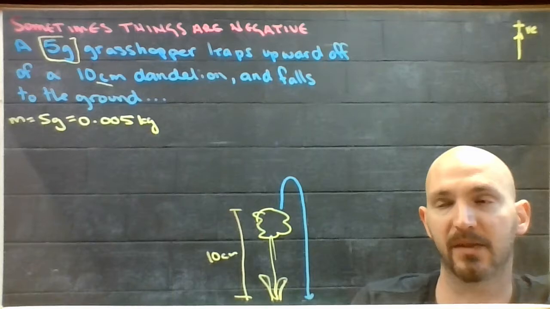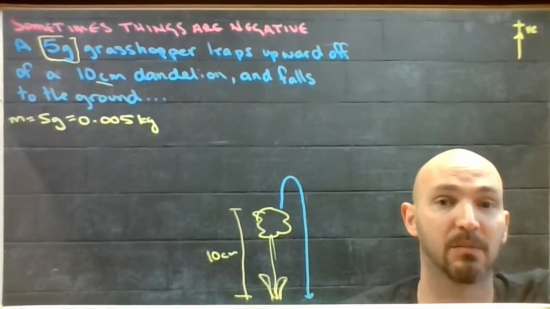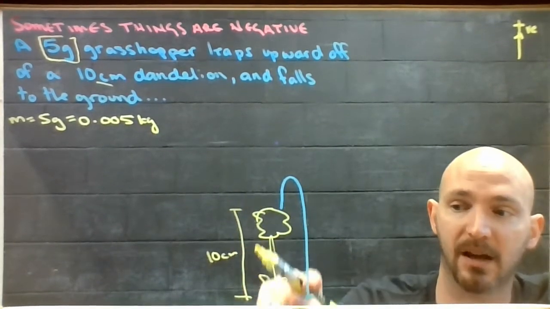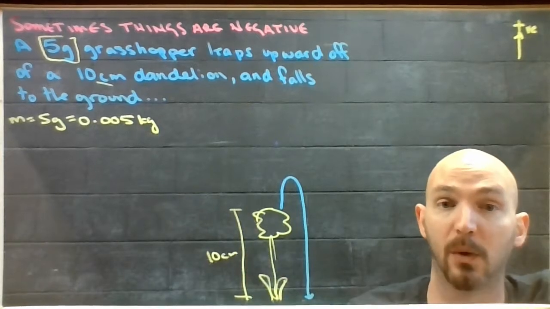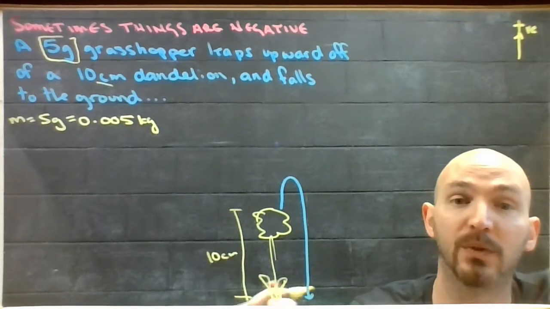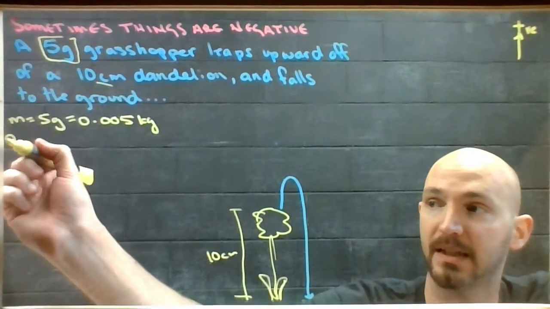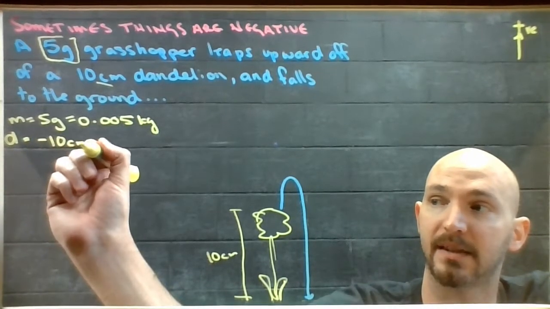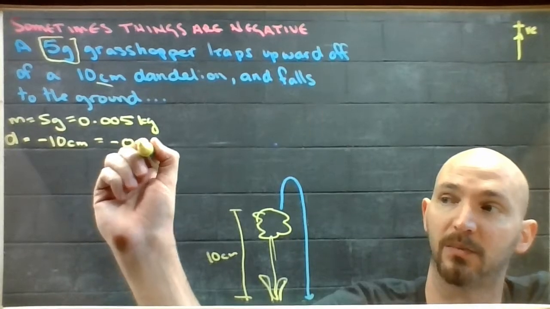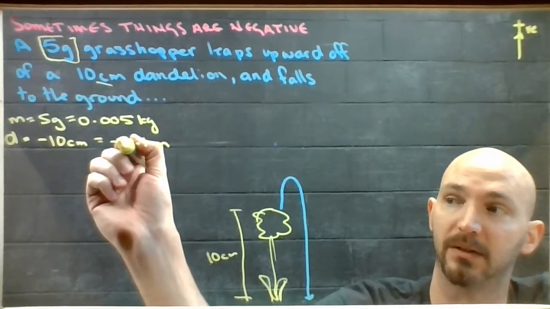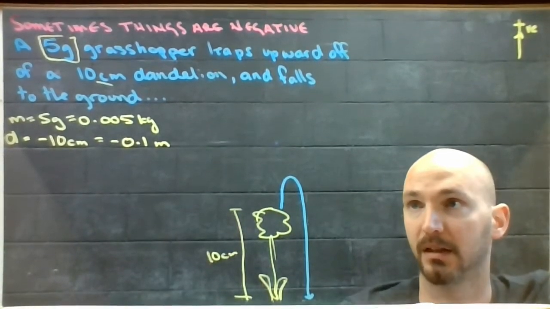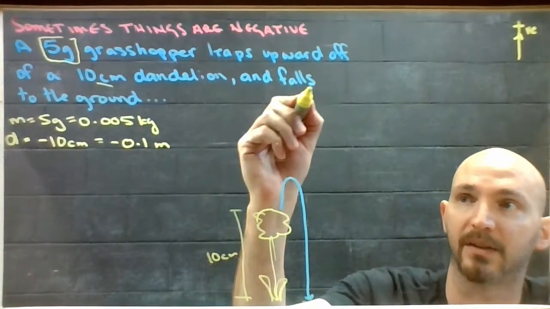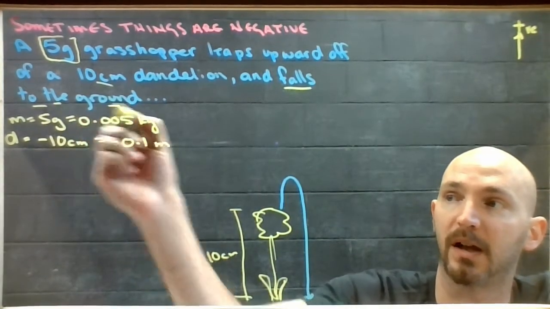Since I've decided that upward distances are positive, if this grasshopper is now 10 centimeters lower than where it started, I need to use a negative. So the distance at the end is going to be negative 10 centimeters, which is negative 0.1 meters. Lovely. Now this phrase, falls to the ground.